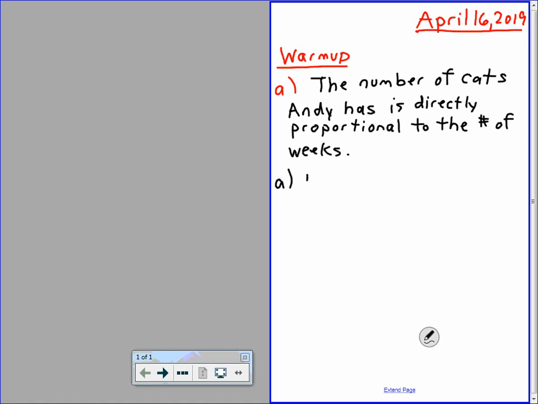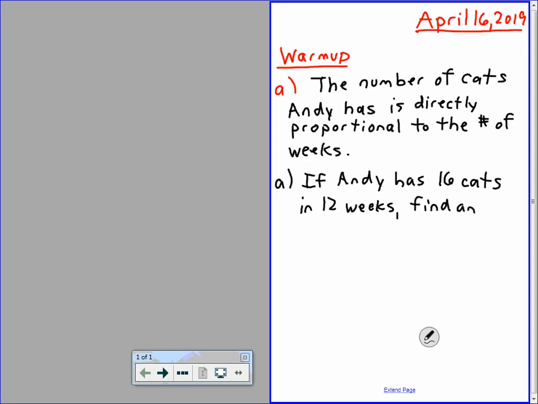A, if Andy has 16 cats in 12 weeks, find an equation. So equations for a cat.